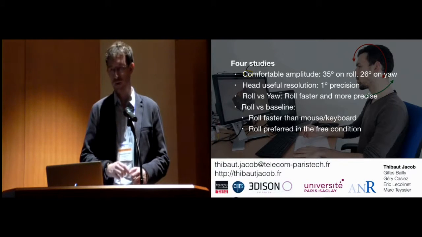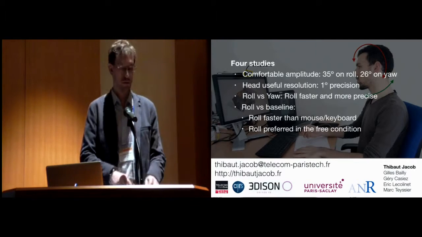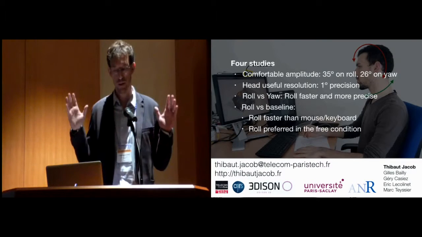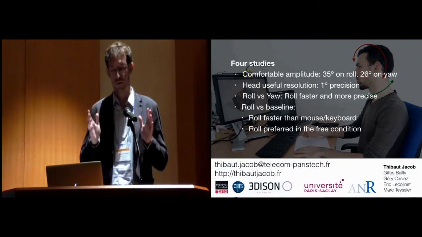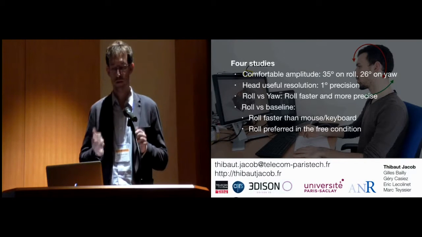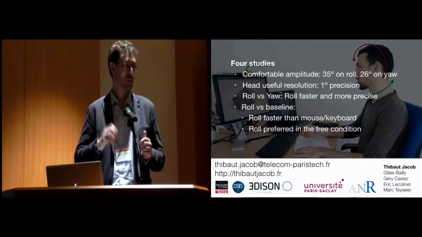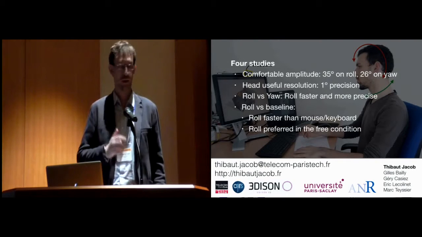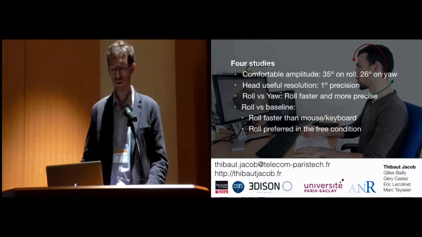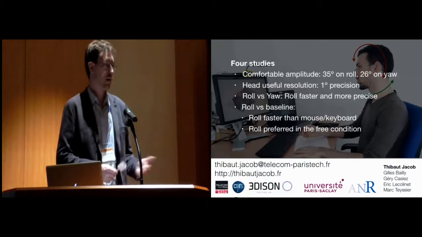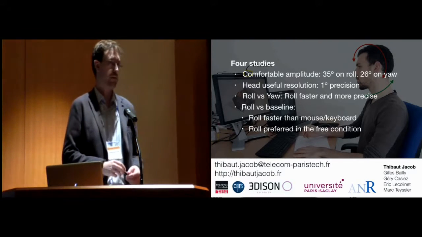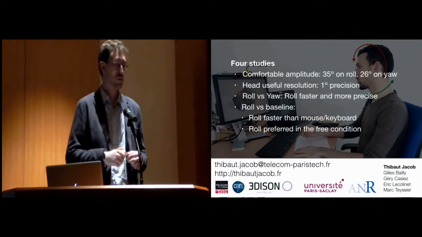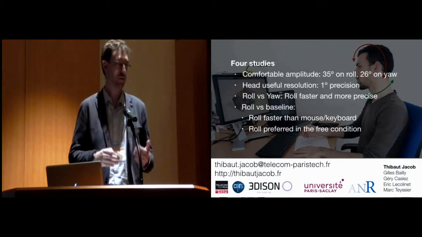For example, we thought about having a zone that we would define in the space around the user. In this zone, the user would not activate the technique, but if he goes out of this zone, then it would trigger the technique. So either something which would require clutching, some activation by pressing a button, or something which would just monitor the head position of the user and activate it at a certain point.